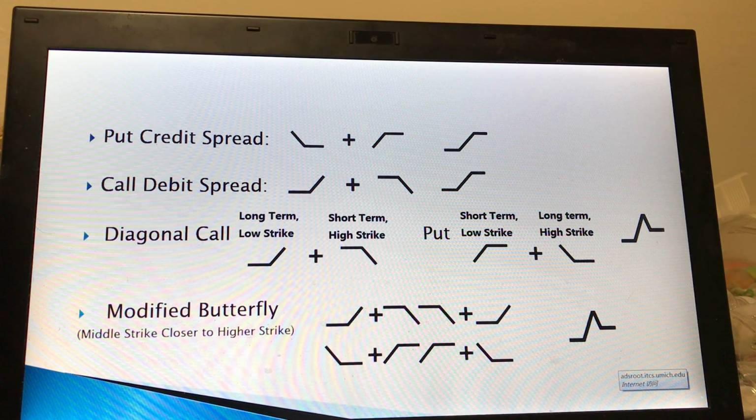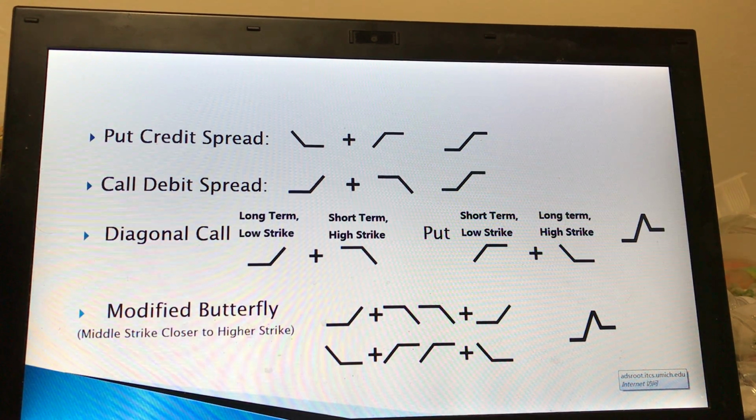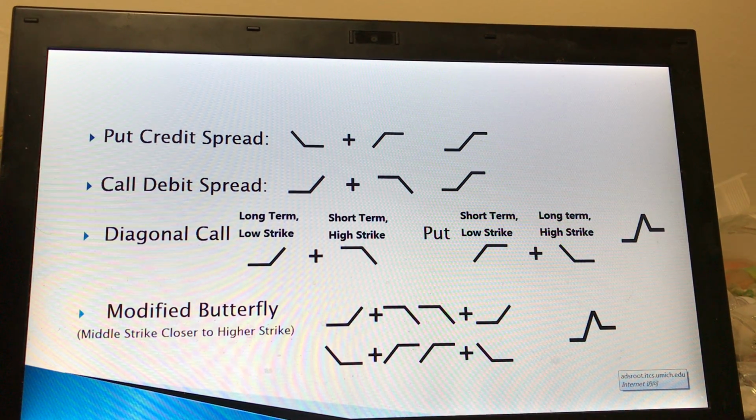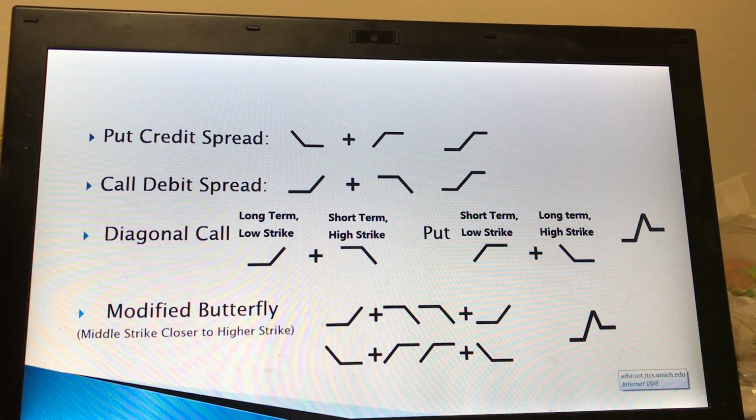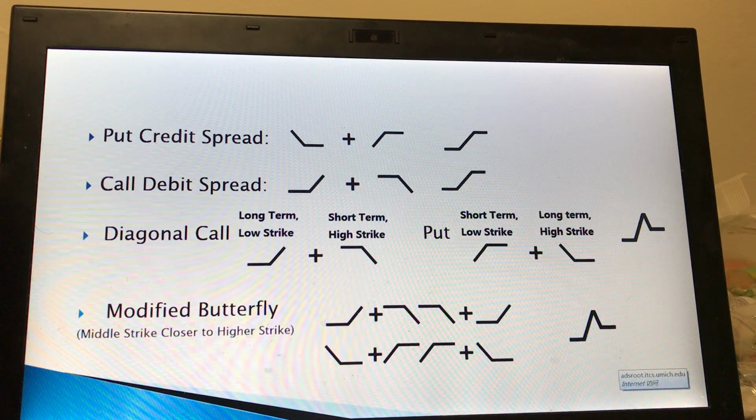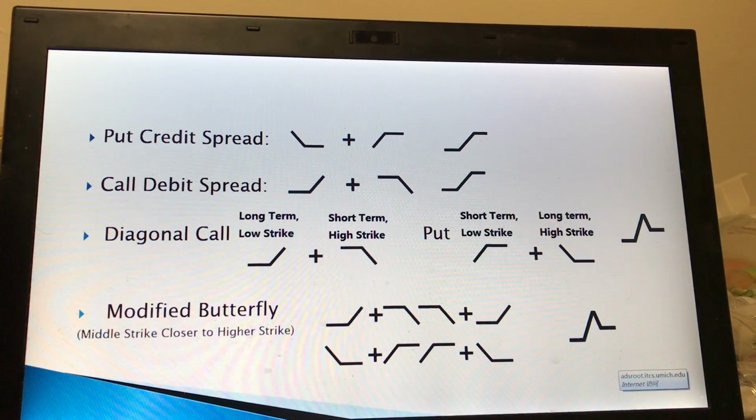By doing the diagonal call and modified butterfly, we will reduce this loss, and it can be a pretty good strategy to use in an overall bullish market, and in some value stocks instead of fast-growing or very highly volatile stocks.